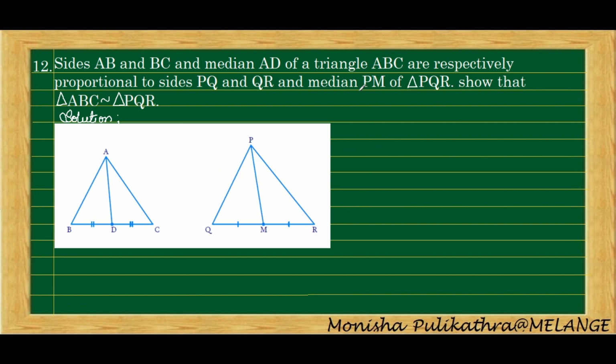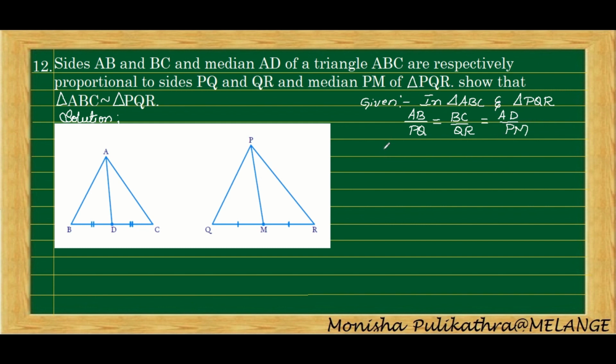Here they have already given in triangle ABC and triangle PQR the sides are proportional and the median is proportional. That is AB by PQ is equal to BC by QR is equal to AD by PM. So these are the things they have already given.